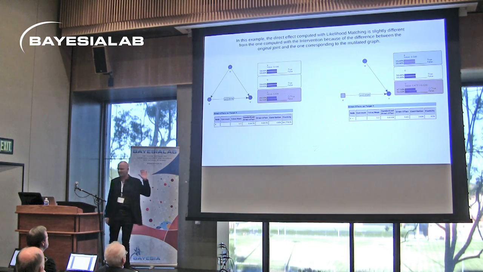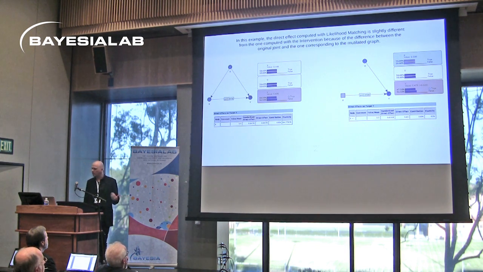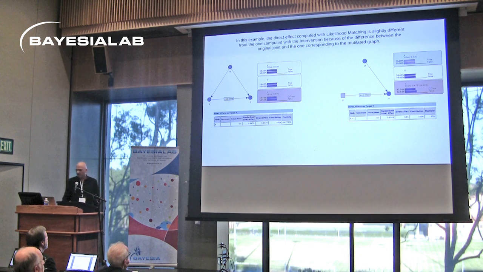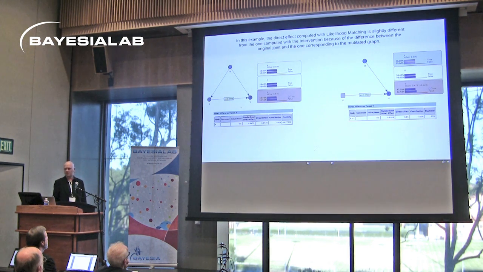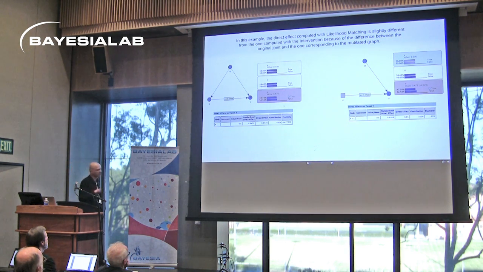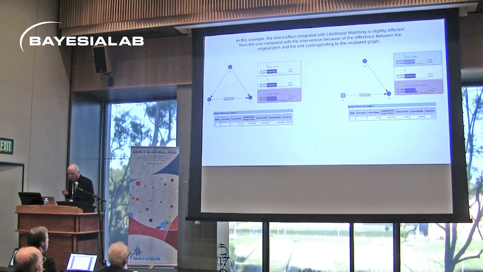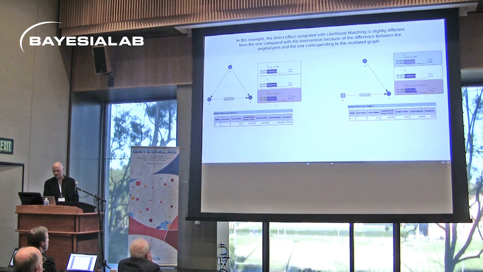So we have this very simple graph here, where U is connected to X, X to Y, and I have a uniform distribution on U, a uniform distribution on X, and then a uniform distribution on Y. And if I use likelihood matching to compute the direct effect of X on Y, I will have a value equal to 0.64, which is almost the same as the one with intervention. But there is this almost.